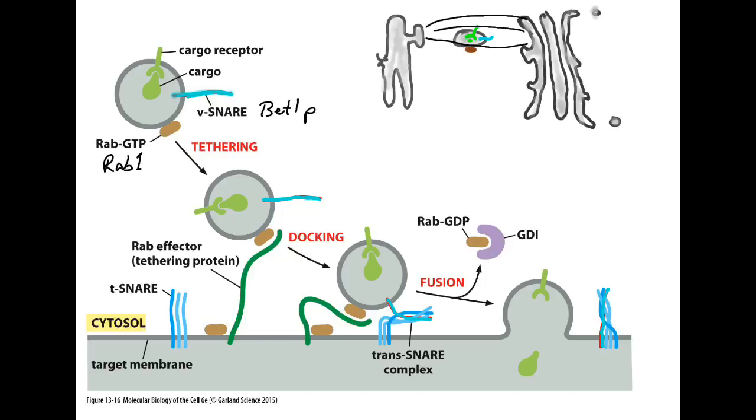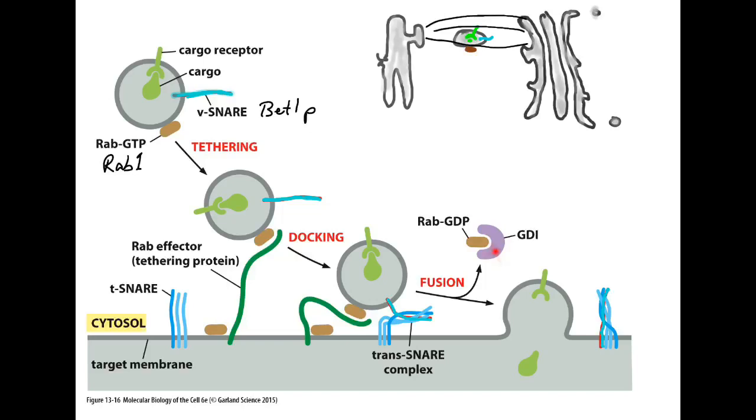So those steps now make this a specific fusion event. And the way fusion works generically pretty much describes all fusion events, regardless of the coat. So at this point we can be generic and be completely accurate about COP2.